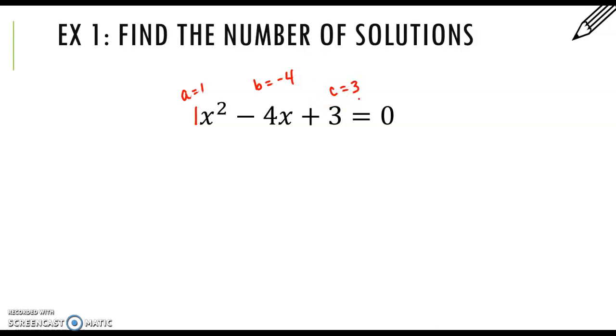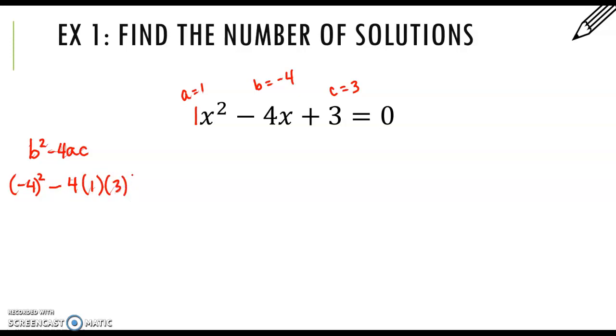So if I do b squared minus 4ac, which is the discriminant, I'm going to do negative 4 squared. If you're doing it on a calculator, you need those parentheses. If you're doing it in your head, you're thinking negative 4 times negative 4. And then minus 4 times a times c.